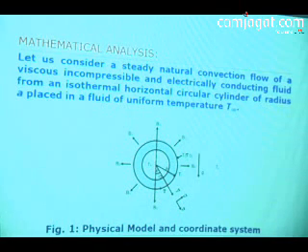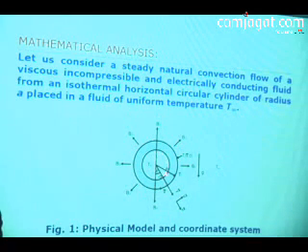To compare the results of the study with relevant work like Merkin and Nazar. Mathematical analysis. We consider a steady free convection flow of a viscous incompressible electrically conducting fluid from an isothermal horizontal circular cylinder. Here we consider a uniform temperature at infinity of the fluid, and T_b is the core region temperature, and a uniform magnetic strength B0 acts normal to the cylinder.